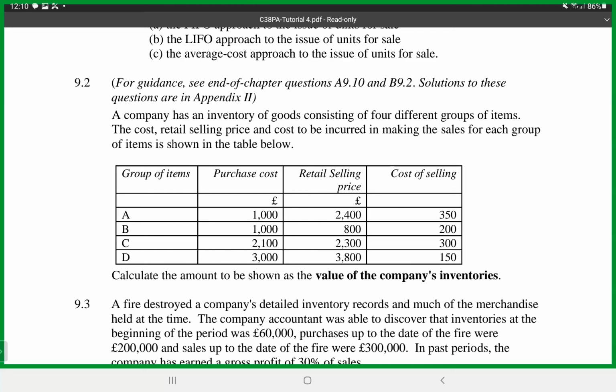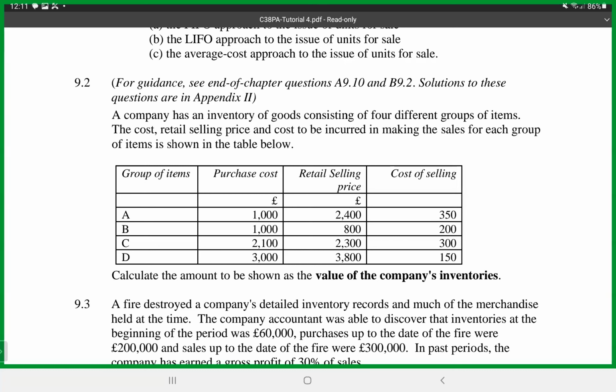Can you just scroll down a bit? We have skipped question number 9.2. Ah, okay. Sorry. A company has an inventory of goods consisting of 4 different groups of items.